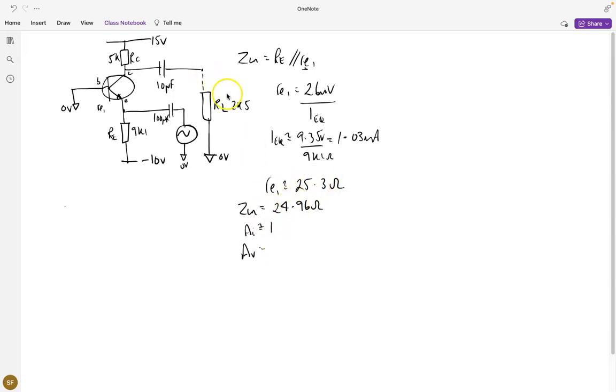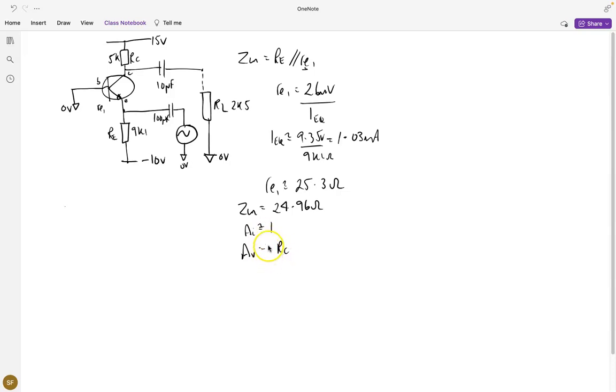So voltage gain, we've got current times the impedance output divided by the input current times the impedance input. So we can start to think about this in terms of the output impedance.